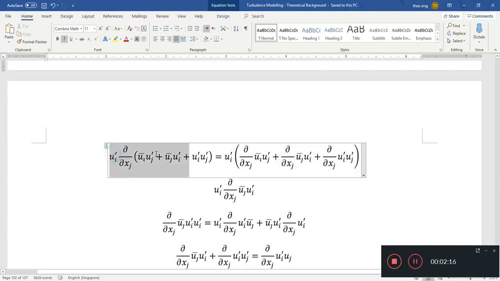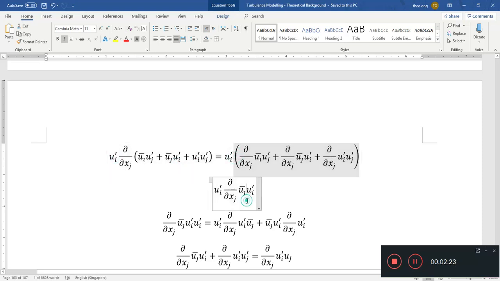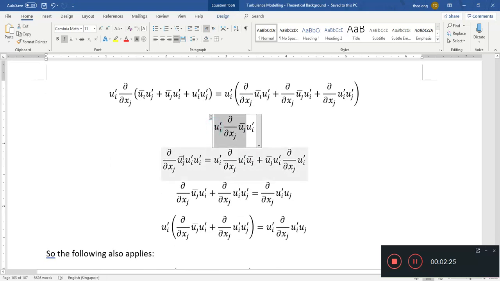So for example, we'll do the same trick we did before. We'll try to separate these out term by term, and we'll try to bring the ui prime inside the derivative, and doing so we try to differentiate it such that one of the terms here will equal to this, alright, and the other term we'll try to deal with it later on.